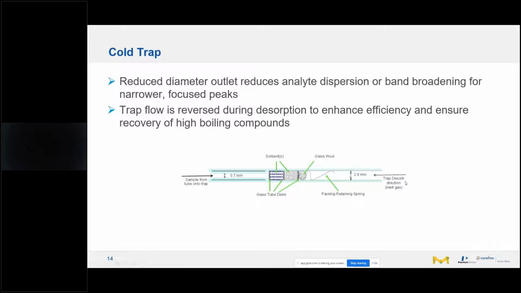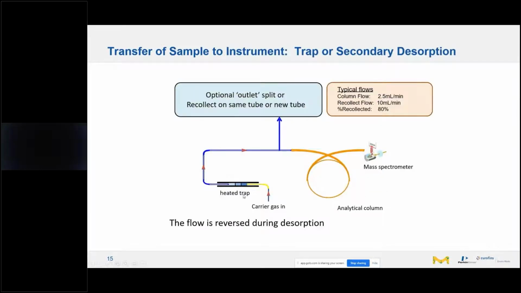And as you can see, when the desorption of the trap occurs, we call this secondary desorption. The sample tube is primary desorption. We go in the opposite direction, and I'm going to explain that in a bit. Once we desorb the primary tube, we heat the trap at 99 degrees per second, so we get a nice narrow band.